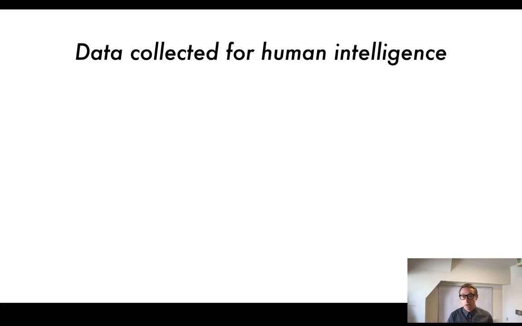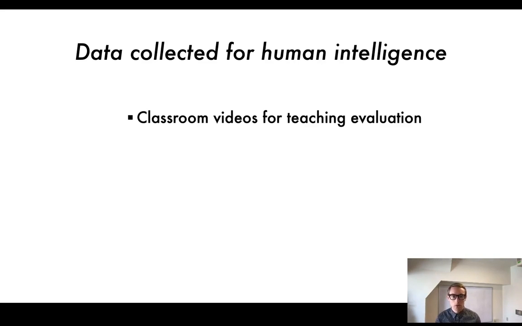So the data that I'm going to be talking about today are data that were collected for human intelligence. So data that researchers collected for specific purposes like teaching evaluation. So this happens a lot actually in classrooms where teachers or institutions in classrooms, grade level classrooms will videotape teachers or the entire classroom, the students as well sometimes, to help teachers learn how to teach more effectively.